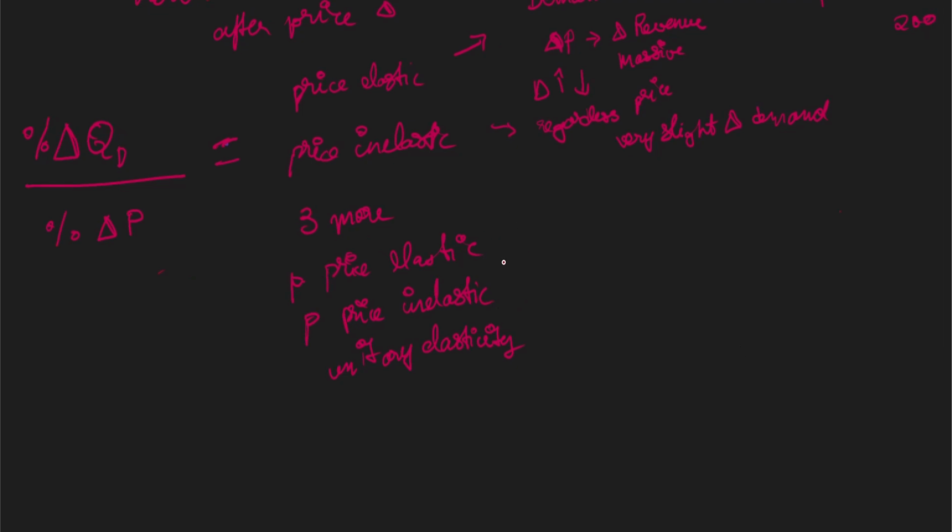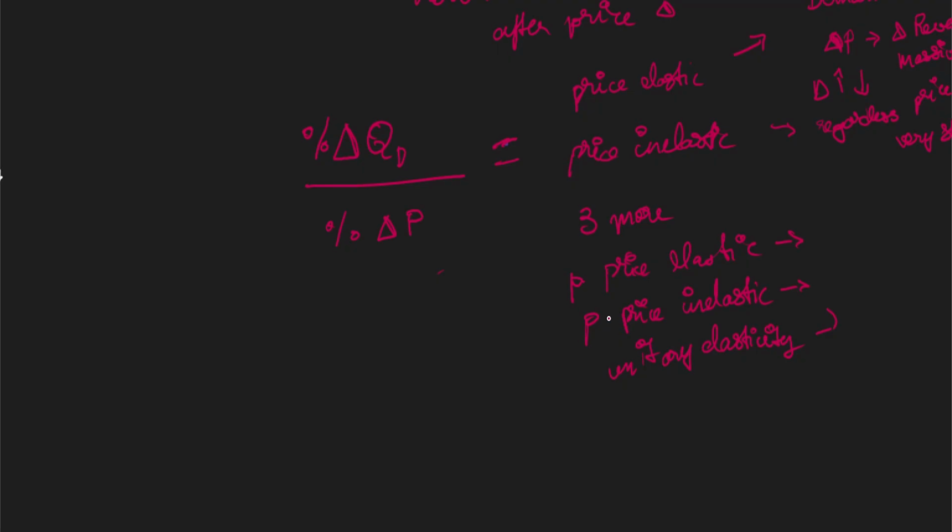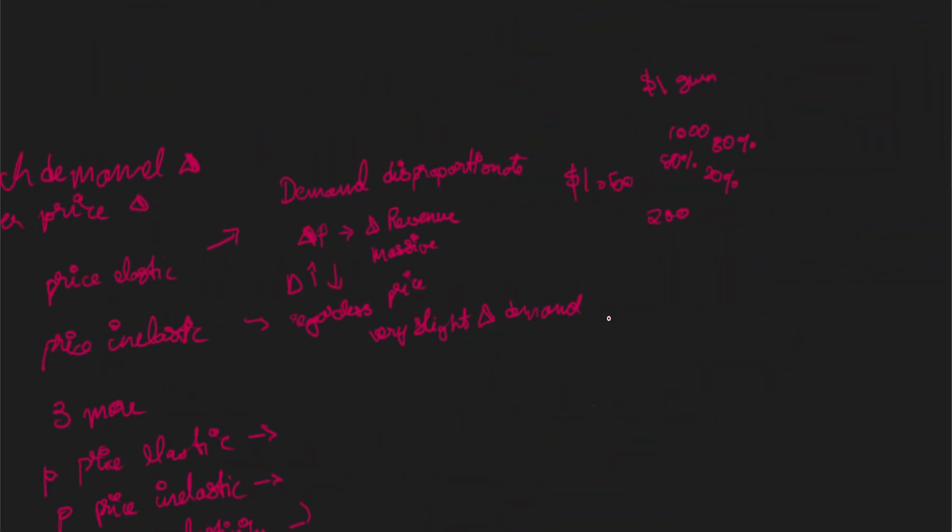Now, before we look at these three, we look at calculating price elasticity. So, a product is said to be price elastic if the number that we get out of that formula is greater than 1. And this is ignoring the minus sign.